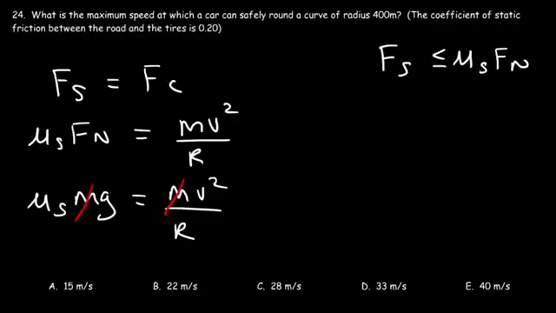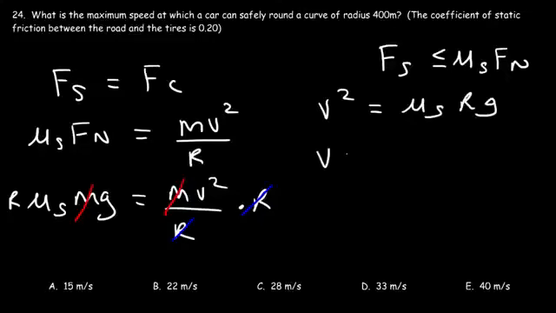Now we need to isolate v. So let's multiply both sides by r. So these will cancel. And so v squared is equal to mu s times rg. So the maximum speed is going to be the square root of mu s times the radius times g.